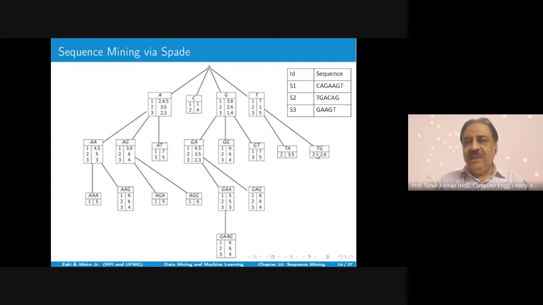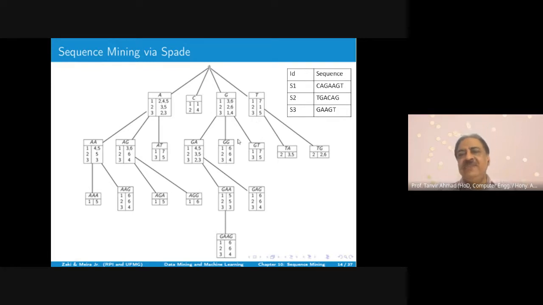The third A ending position is 1, 2, 3, 4, 5. This one. And for this one, the position is 5. Therefore, for AAA, it will come 1, 5. Similarly, for AAG, it will be 6, 6, and 4.